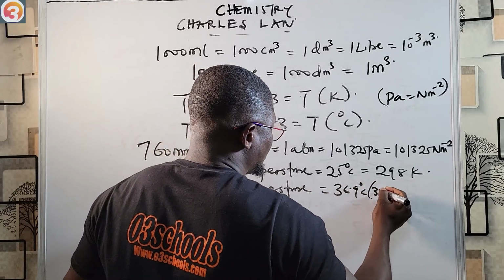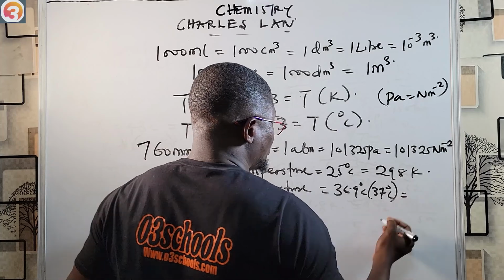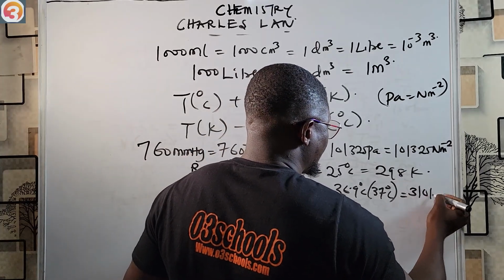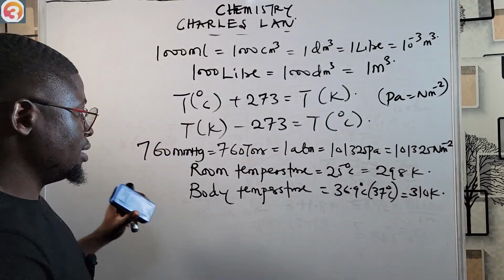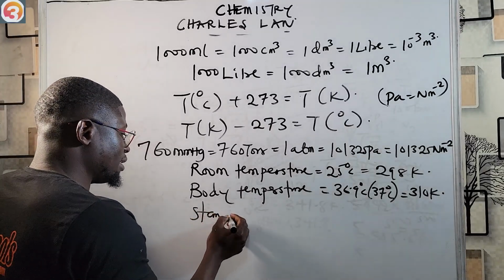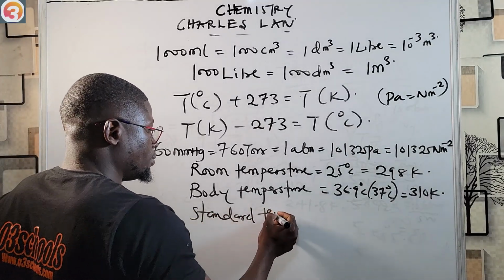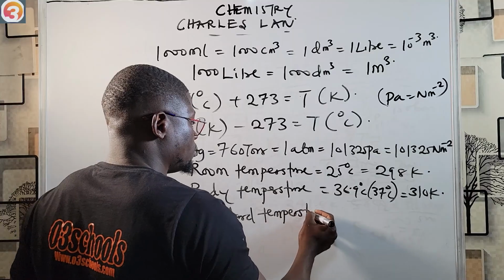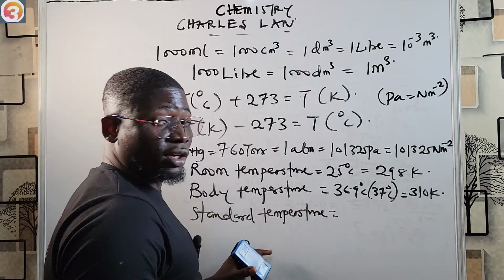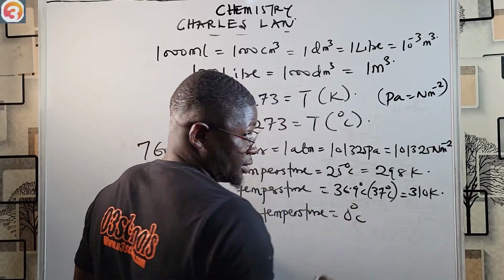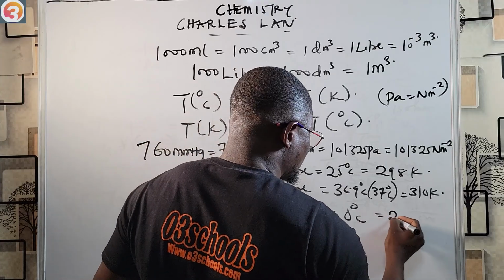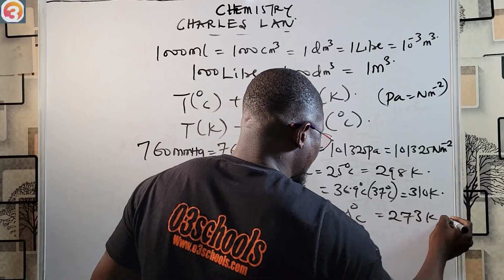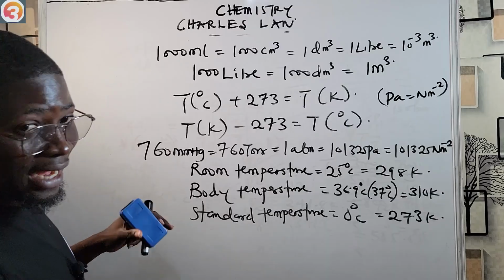Some people call it 37 degrees Celsius. But if you convert to Kelvin, it gives you 310 Kelvin. All right. We also have something we call standard temperature. Standard temperature is 0 degrees Celsius. So in Kelvin is what? 273 Kelvin. It's as simple as ABC.